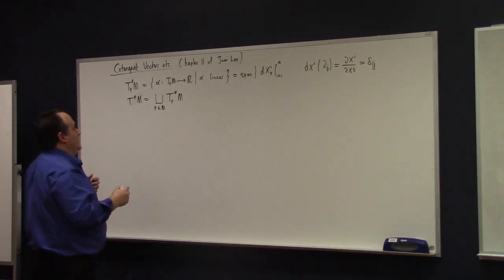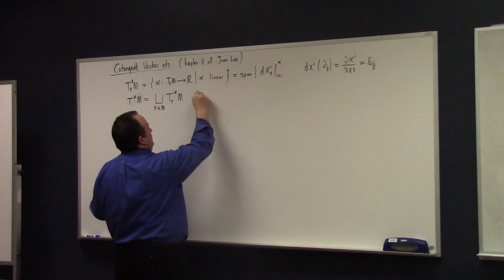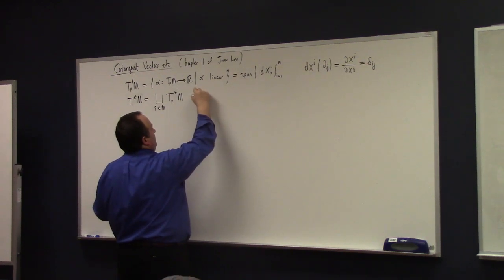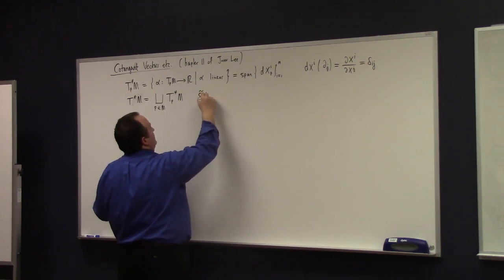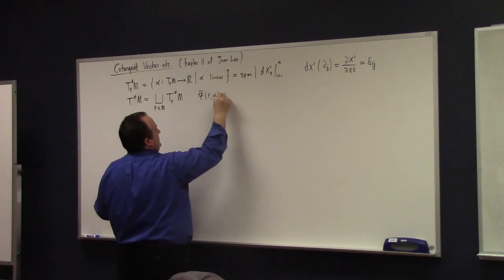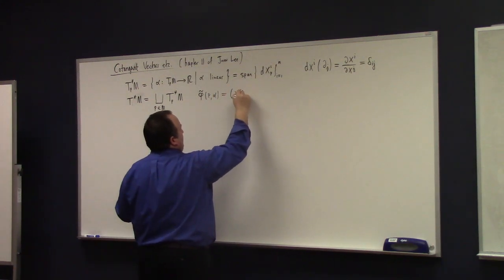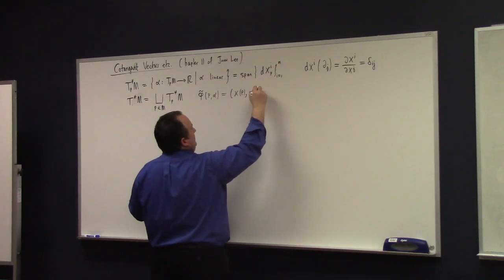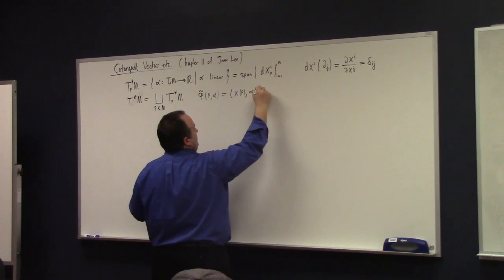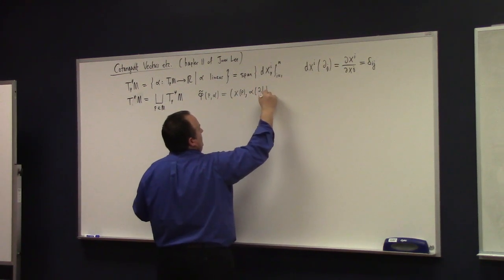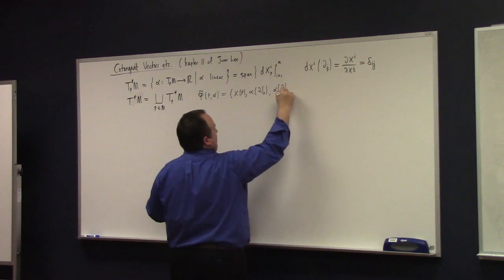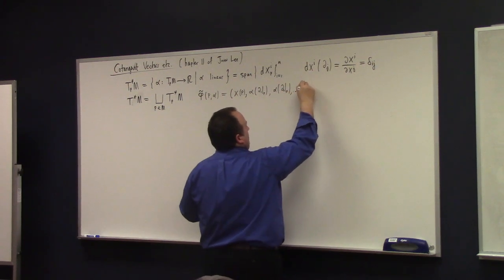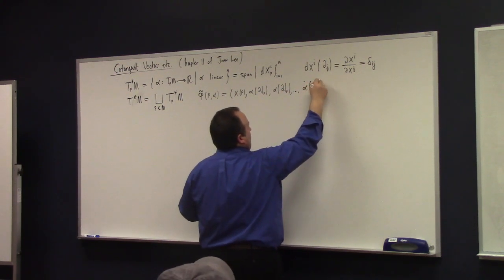And I mentioned that if you want, you can build an adapted coordinate chart, phi tilde of (p, alpha), which is (x(p), alpha(partial_1 at the point p), alpha(partial_2 at the point p), ..., alpha(partial_n at the point p)).